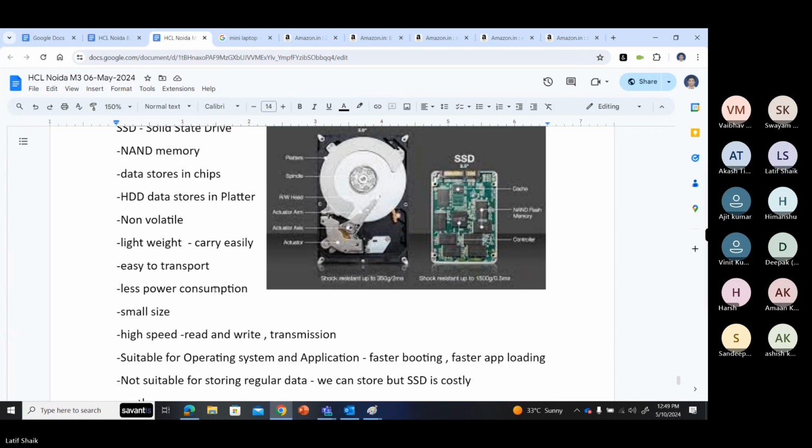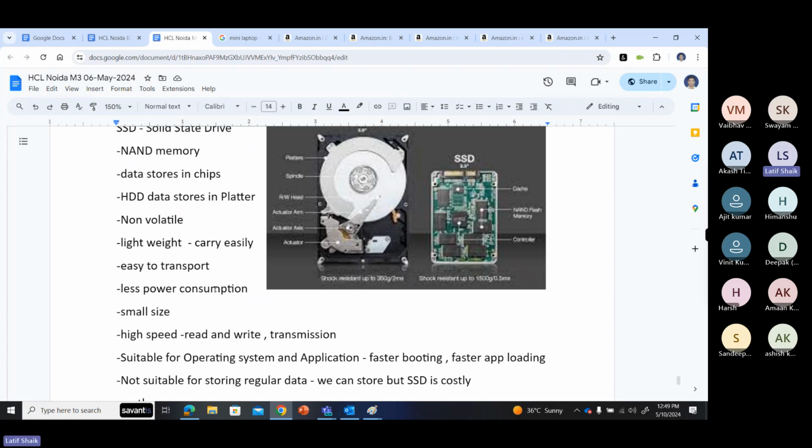SSDs store data in chips. No hardware parts like a hard disk, no platters, no magnetic materials here. It's simply normal chips only. Of course there are NAND flash memory chips, like your pen drives and memory cards.